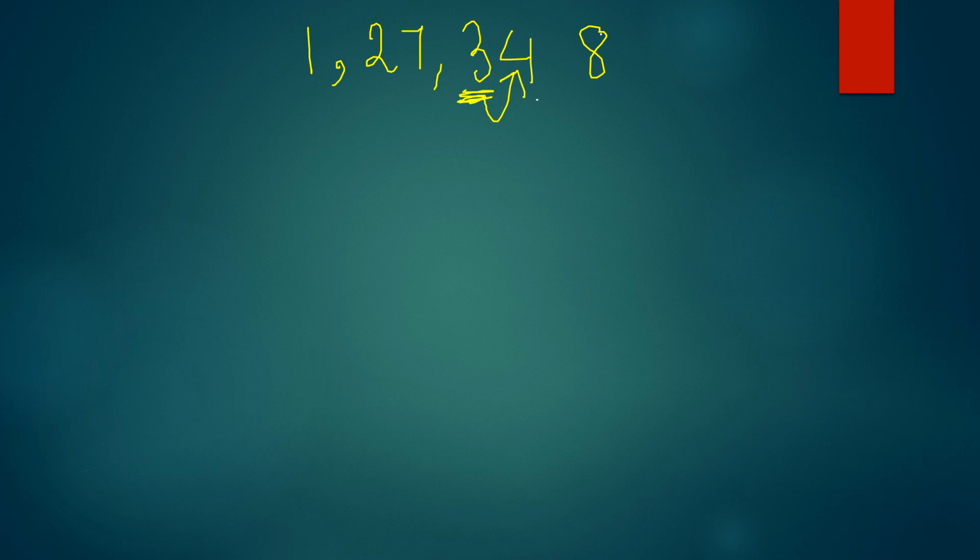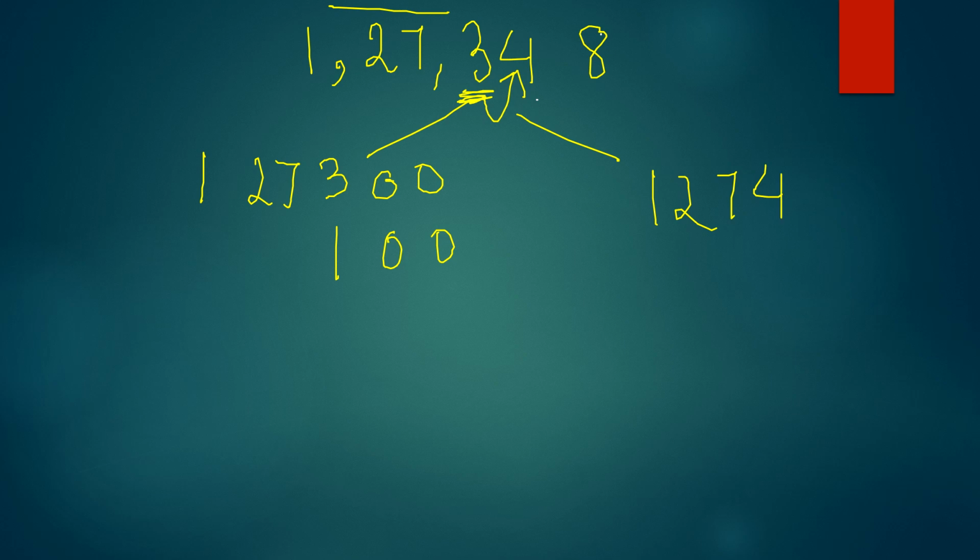So if it is hundreds, the range will be: write 3 first. Whatever is before 3, write them as it is and then put the number of zeros equal to the number of digits after 3. There are 2 digits, put 2 zeros. In other words, hundreds always have 2 zeros. And to find the greater number, that is the greater rounding off, add 100. So this becomes 127,400.